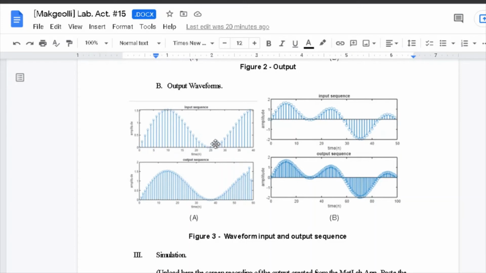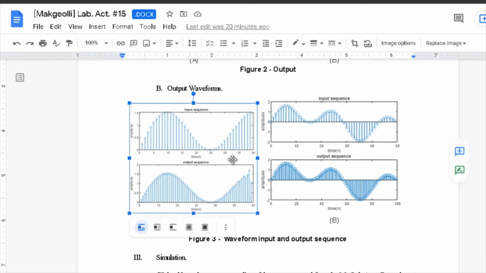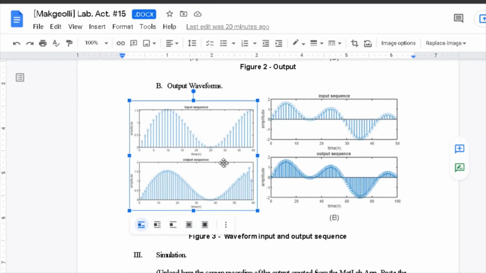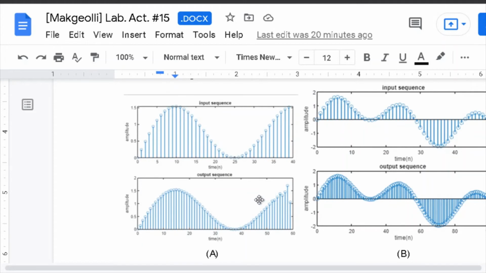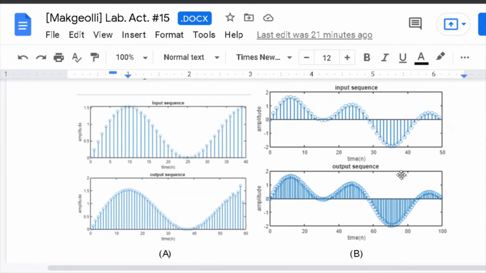For the first output, comparing the input and output sequence, we can clearly see that the length of the output has increased, as well as the sampling rate. And we can see it by looking at how many lines or how many plots there are in the graph. And the same goes for the output of the second simulation.